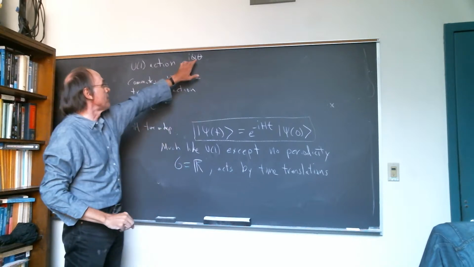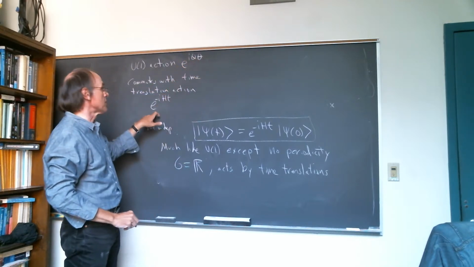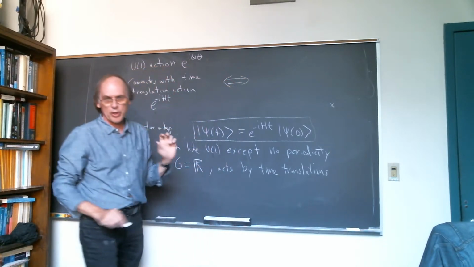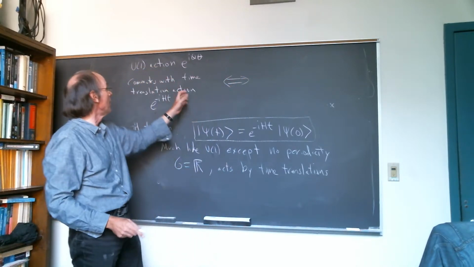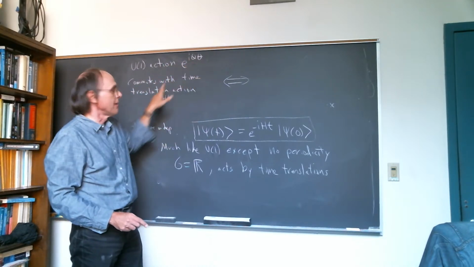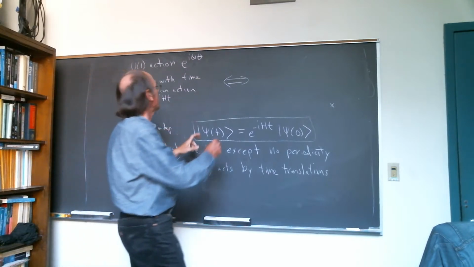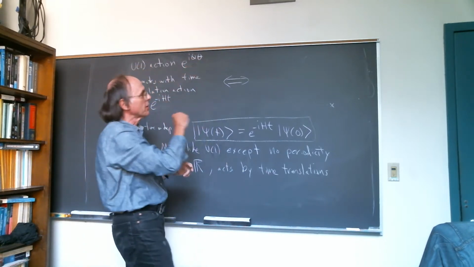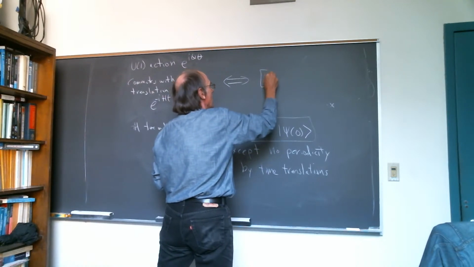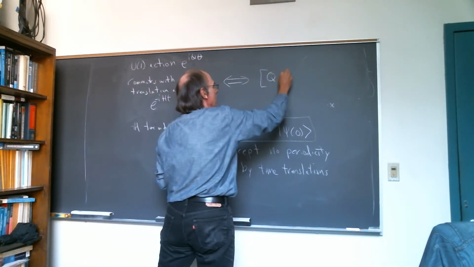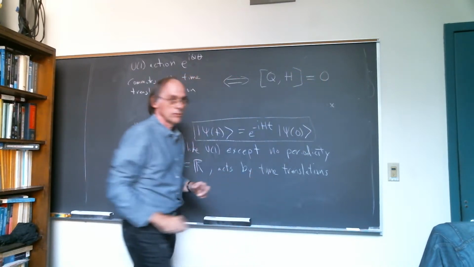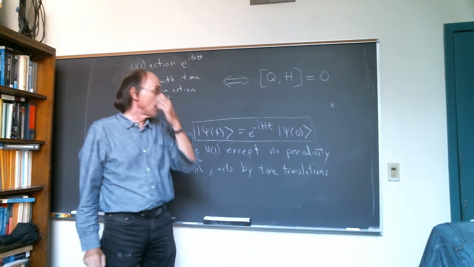So if this operator commutes with this operator, that's actually something I won't work out because it's in the notes. But if for all theta and t these things commute, this is only going to work if Q and H commute.